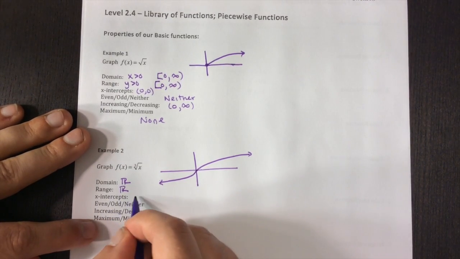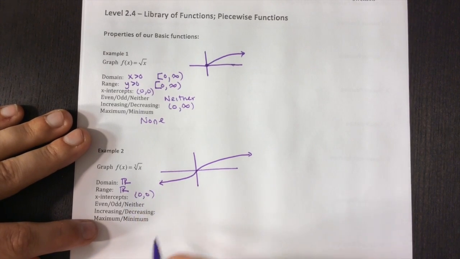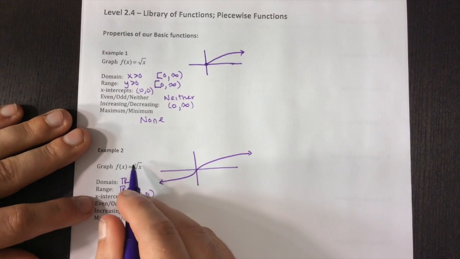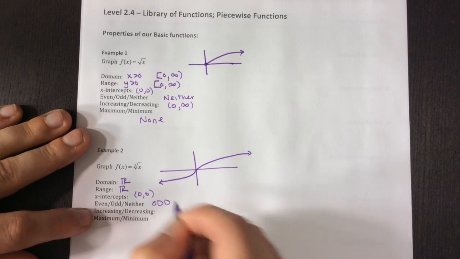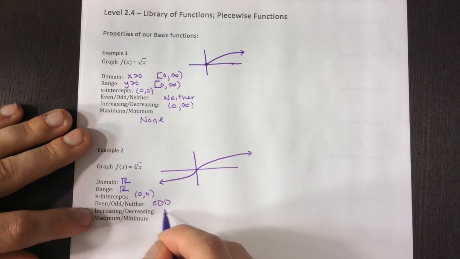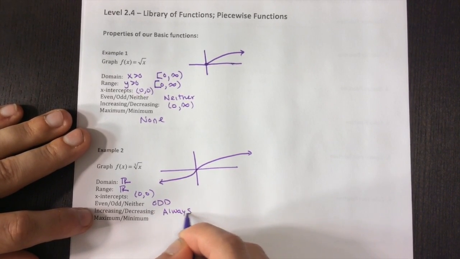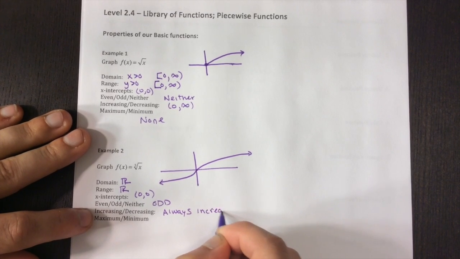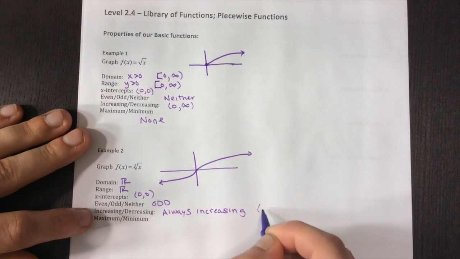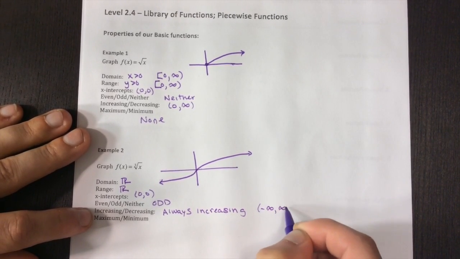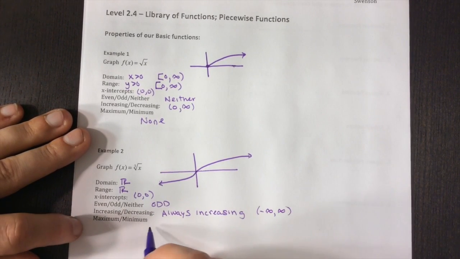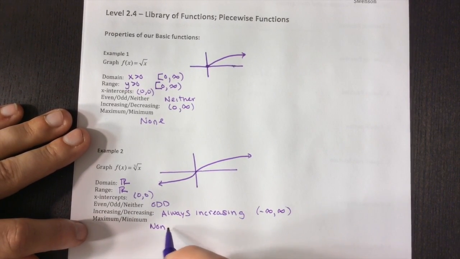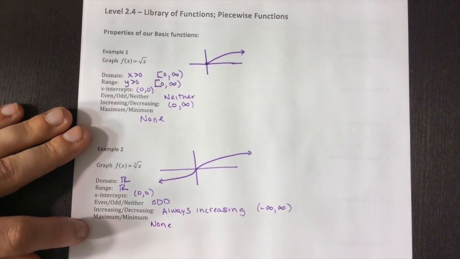Our x-intercept, again, is at 0, 0. The cube root of x, just like x cubed, is an odd function. It's always increasing, or from negative infinity to positive infinity, because we read everything like a book from left to right, and it has no maxes or mins.